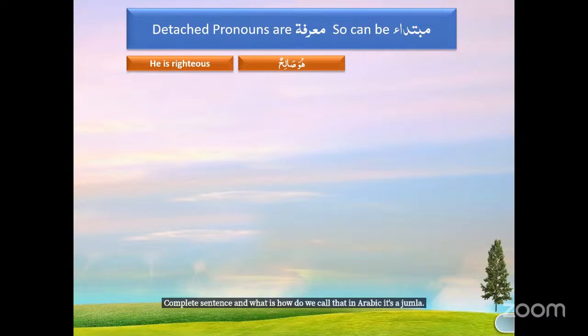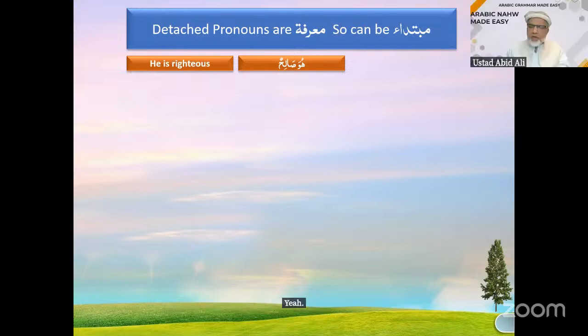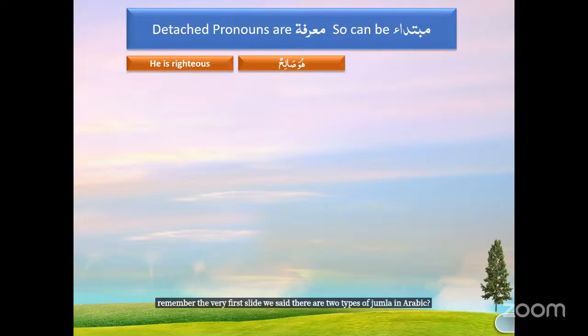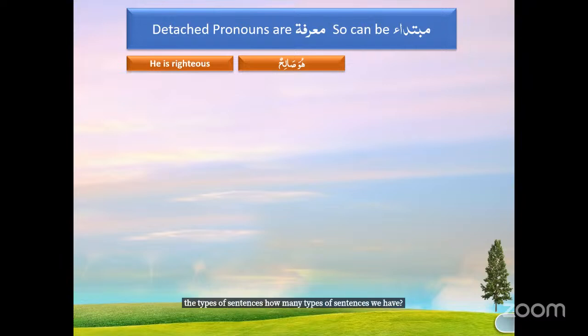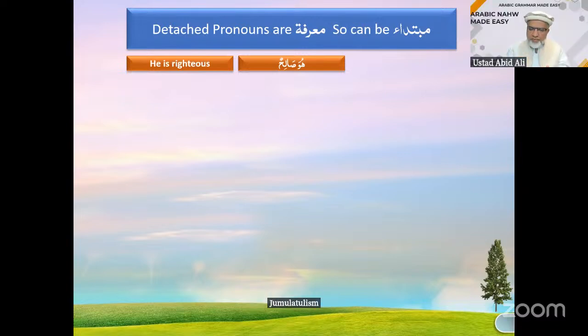And how many types of jumla do we have in Arabic? Remember the very first slide, we said there are two types. Jumlatul ismiya and jumlatul fe'liya, the nominal sentence and the verbal sentence.